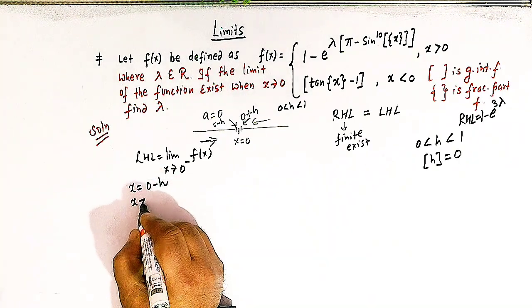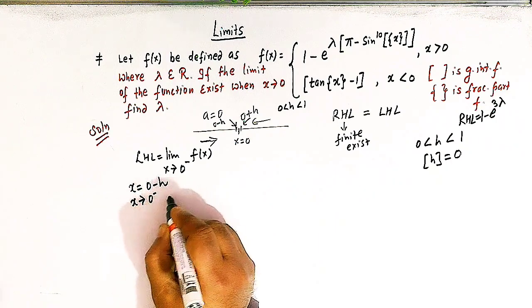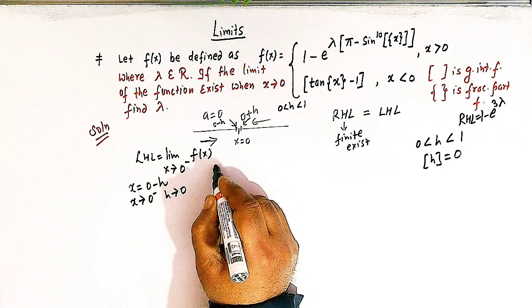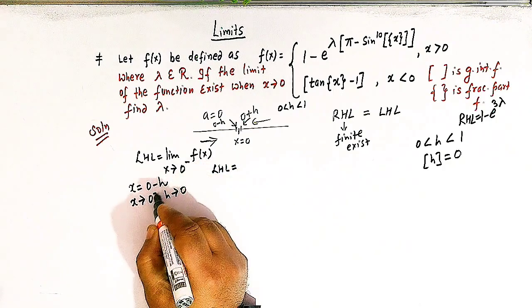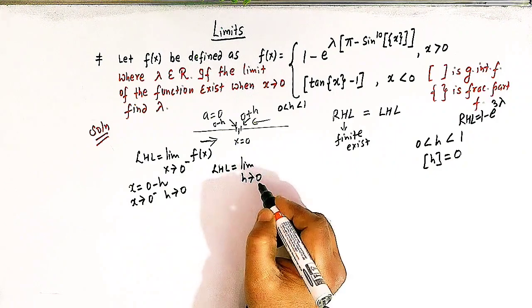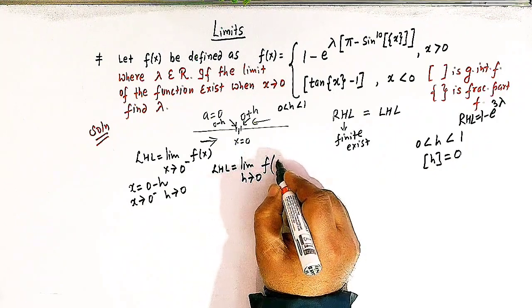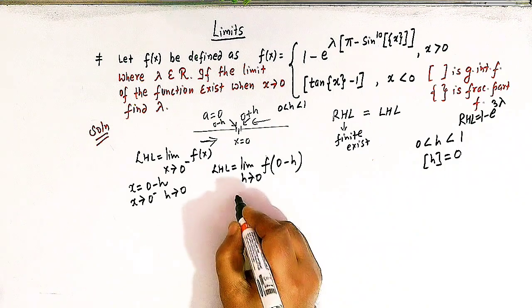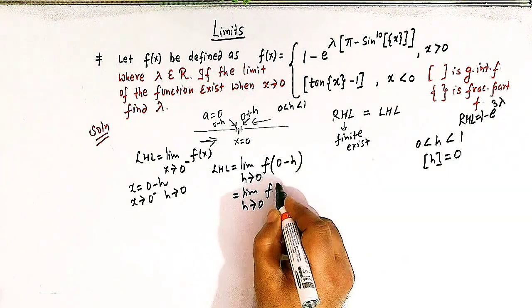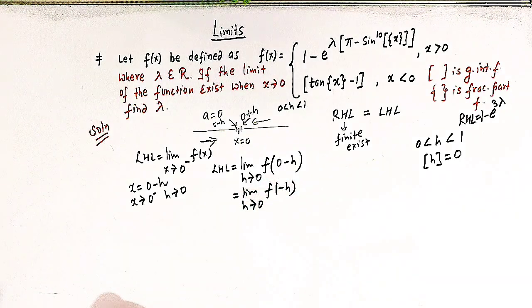So when x tends to 0, then h tends to 0. So now writing this left hand limit in terms of h, we can now write limit h tends to 0, and here we have f of 0 minus h. So now we have limit h tends to 0 and f of minus h, right?